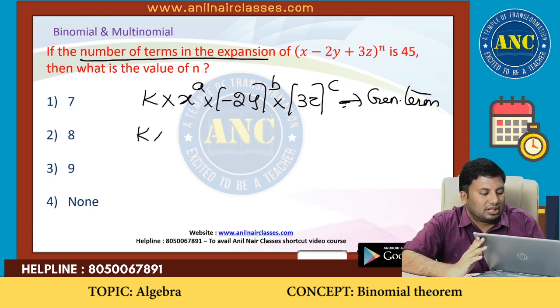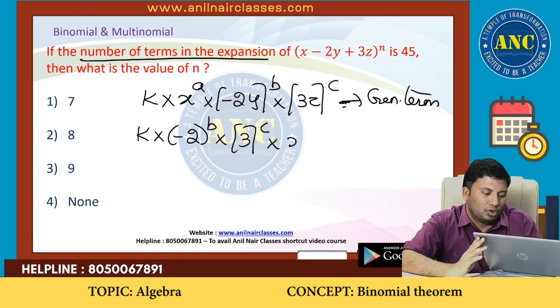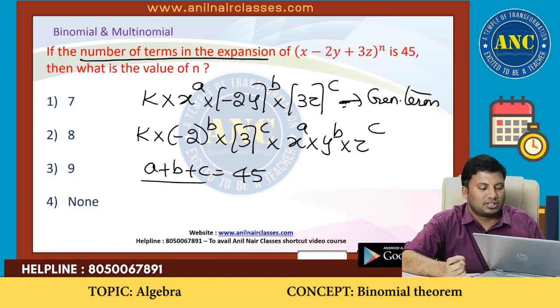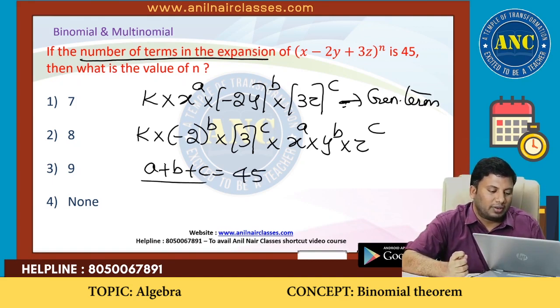Sum, it is nothing but k into minus 2 power b into 3 power c into x power a, y power b, z power c. Sum of the powers should be equivalent to the right degree that is given in the question. It is nothing but 45. A plus b plus c, it is nothing but 45.